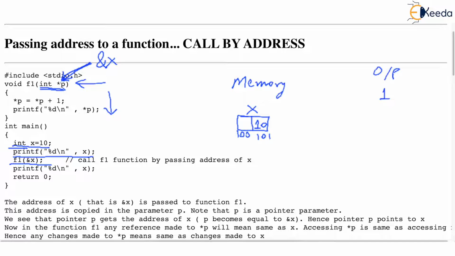So when this f1 function starts, a new pointer is created in memory. This pointer was not there all this time, but it has just been created, and you can see that this pointer is going to store 100, because p is storing the address of x.